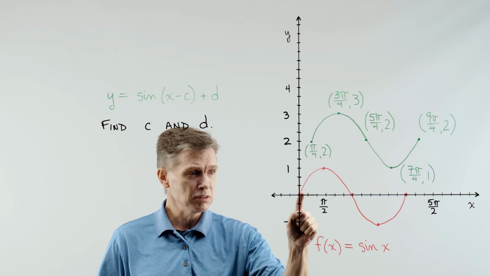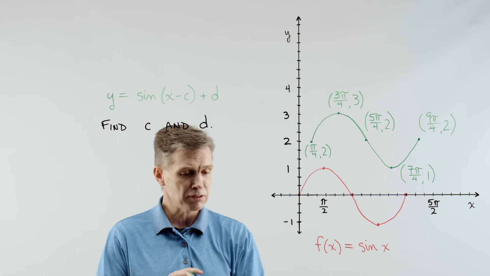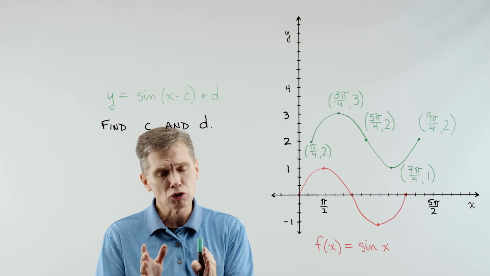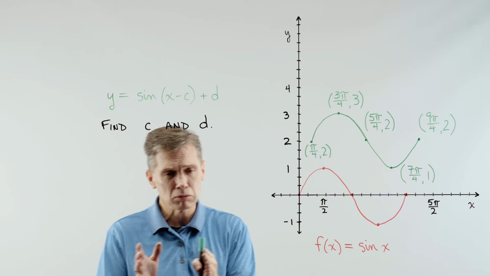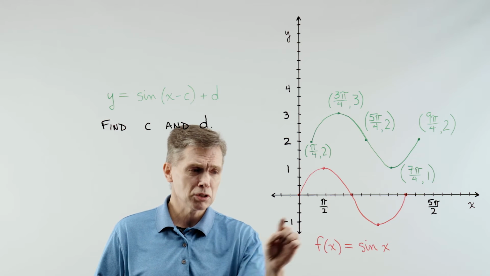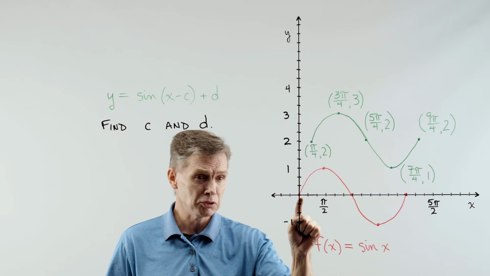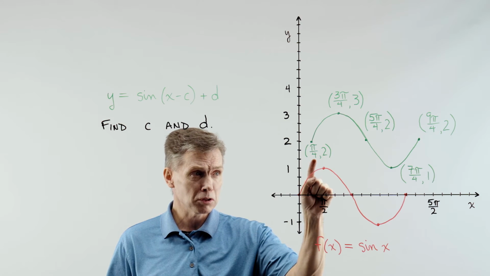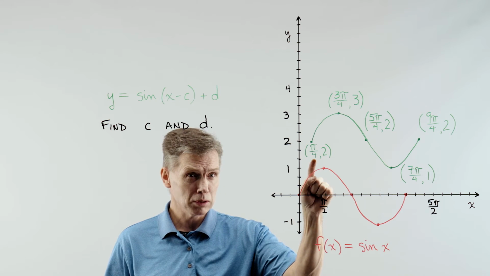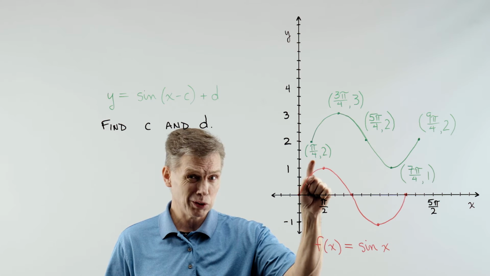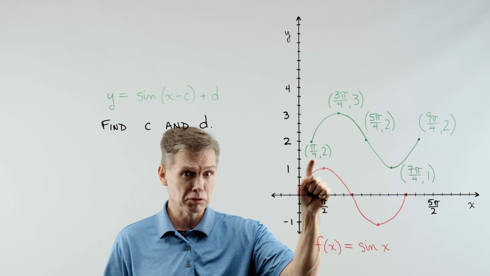Let's start with the horizontal, so left or right. How much do those points move over? The first one we observed already, (0, 0), moves over to the right pi over 4 units. Your first coordinate is pi over 4.